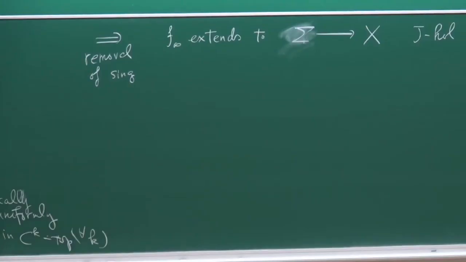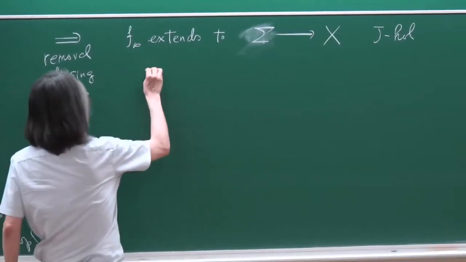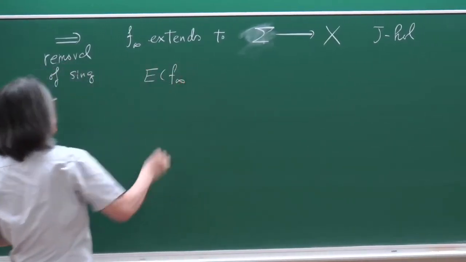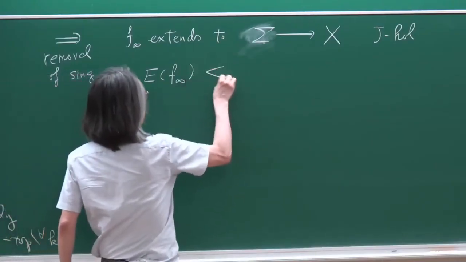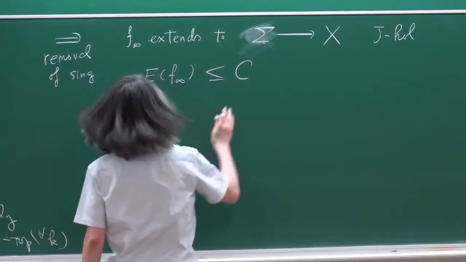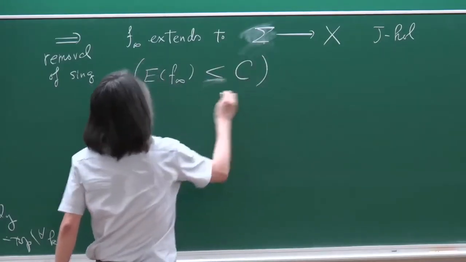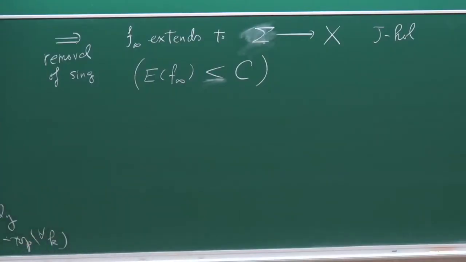Because these maps have uniformly bounded energy by C, and then by Fatou theorem, this one also has bounded energy. So therefore, you get this. So here, actually, this E of F infinity, originally defined on the complement of P1 to PL, is actually bounded by this constant C. So therefore, we can use this removal of singularity theorem near these punctures, and then you can get it.